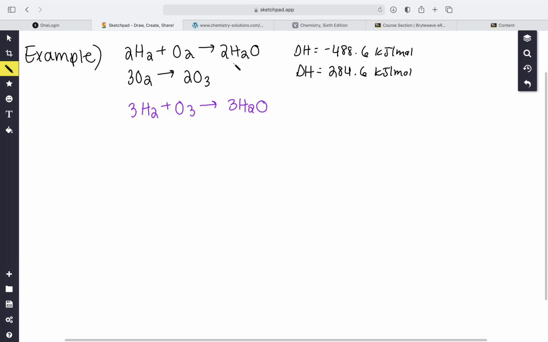I can tell that we're going to need to scale things, because the moles are different on the H2 and on the H2O, but it looks like it'll be an easy scale, because they're the same scale.